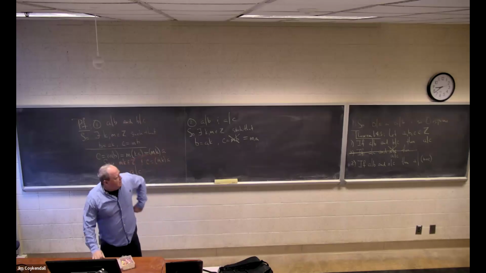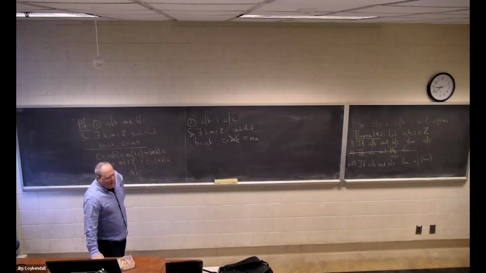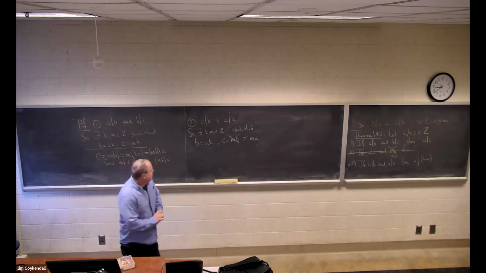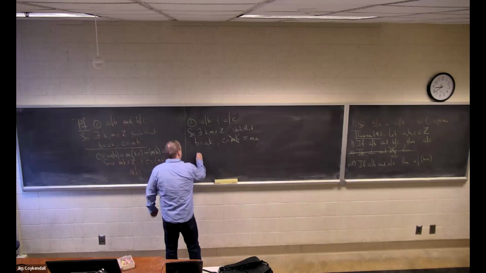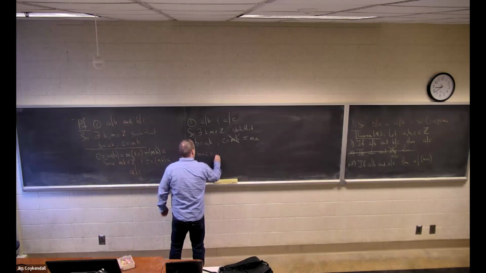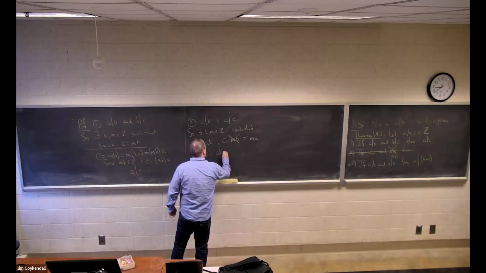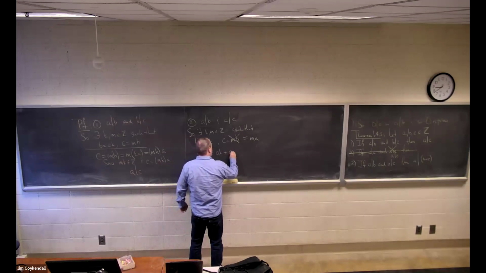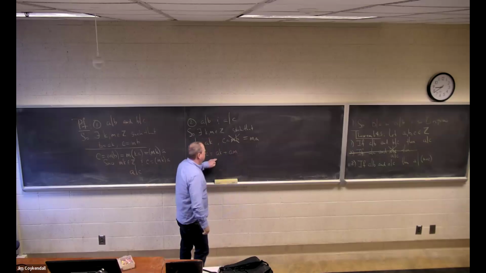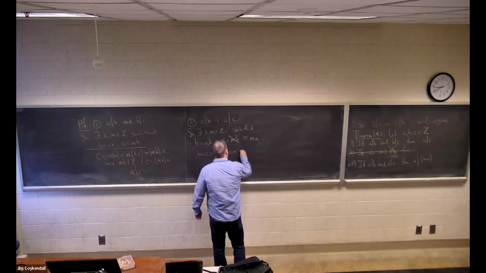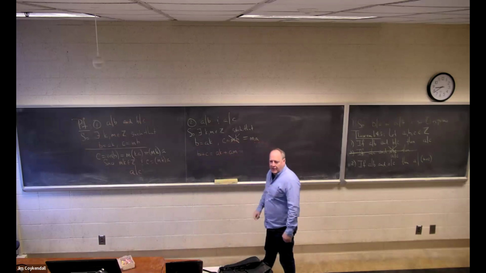Now, what I'm trying to do is get A divides B plus C. So equivalently, I need B plus C to be a multiple of A, right? Well, let's just see what B plus C is. That is AK plus AM, but what can I do here?